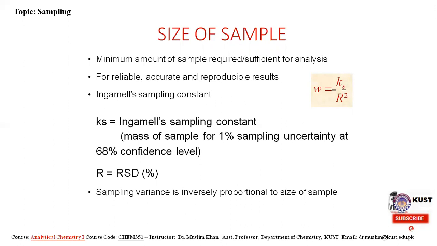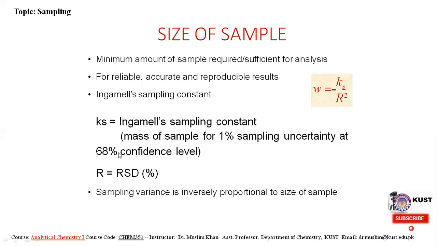So for reliable, accurate, and reproducible results, you need a very small sample which is representative of all the sample. So in this equation, W is equal to Ks divided by R squared. K is the Ingamells sampling constant, the mass of a sample for 1% sampling uncertainty at 68% confidence level.